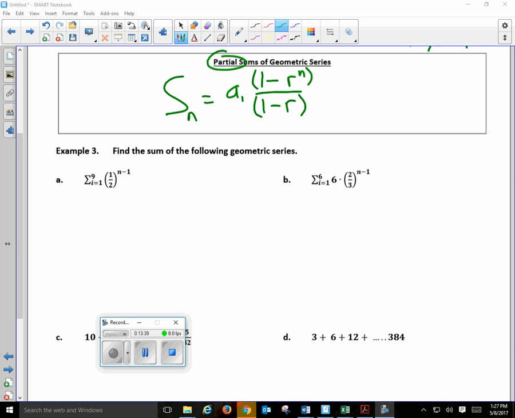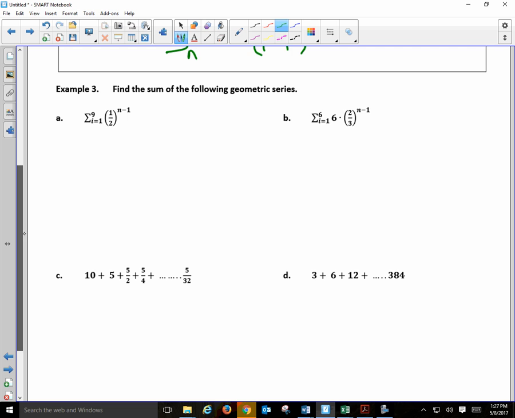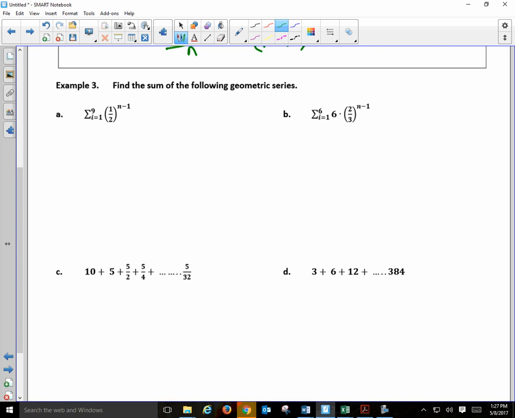Math majors. Okay, it says find the sum of the following geometric series. Well, first let's expand it and see exactly what it looks like, okay? Let's plug in 1, and we plug in 1, what do you get? 1, because you get 1 after the 0. Plus, what do we plug in next? 2. And 1/2 to the 2 minus 1 would be?